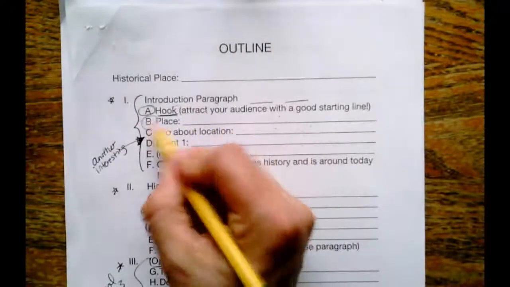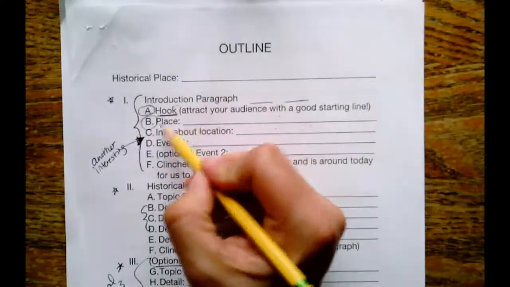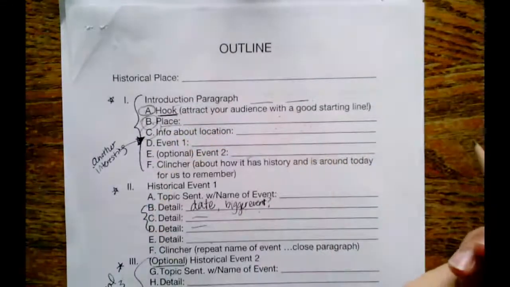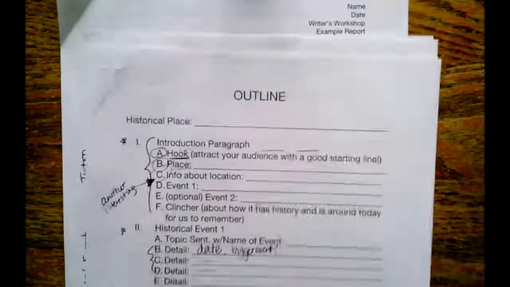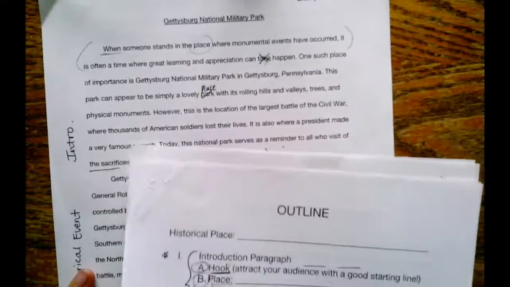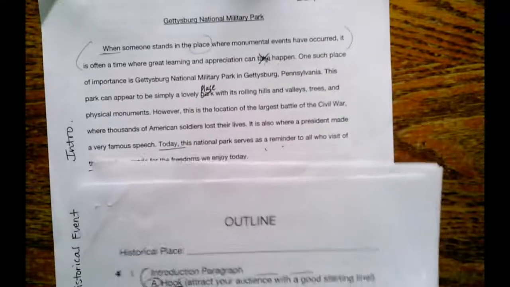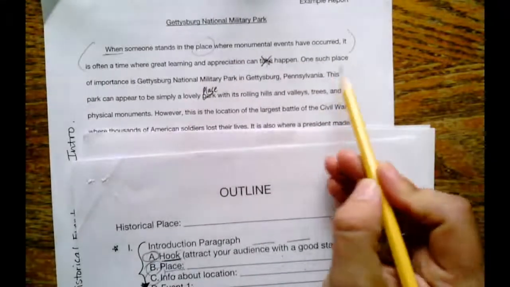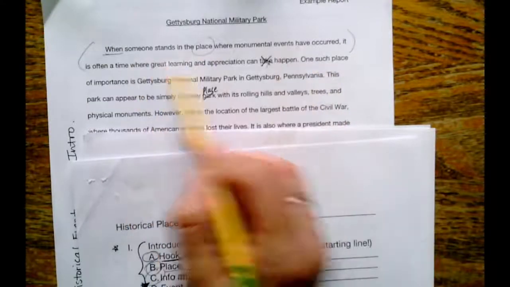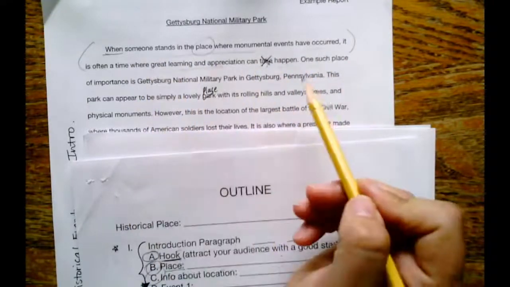Okay, then you want to make sure you're letting us know what your place is and some information about your place without saying this research report is on. I don't ever say that in here. So I've kind of described a place where you can learn something.